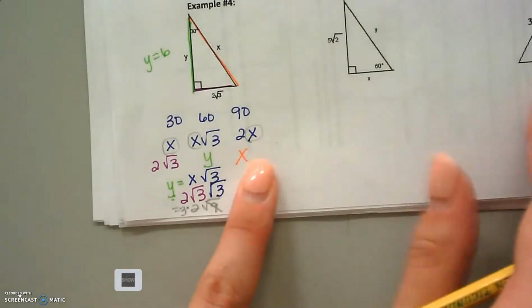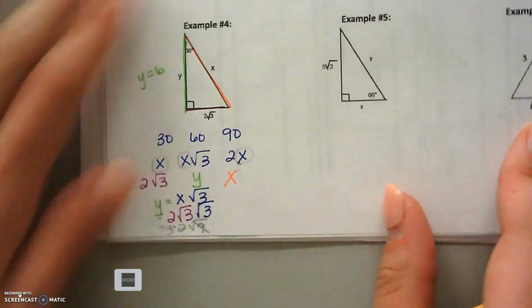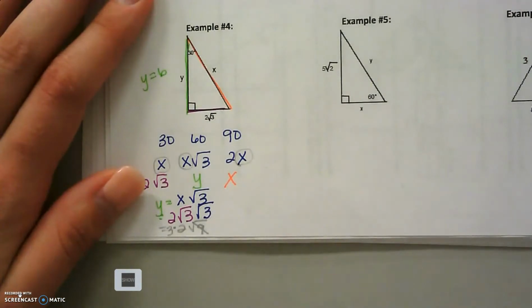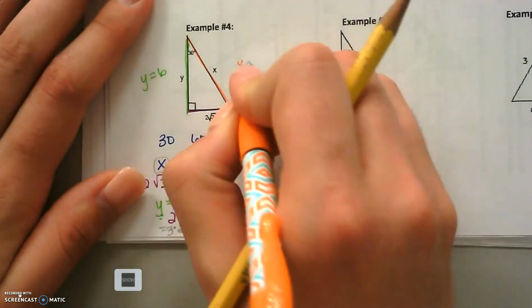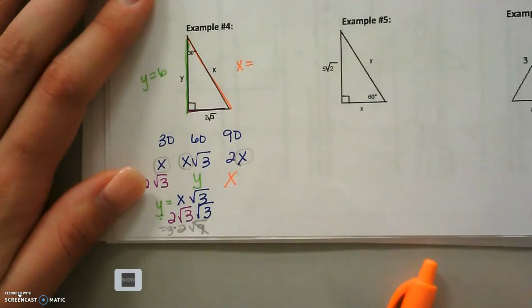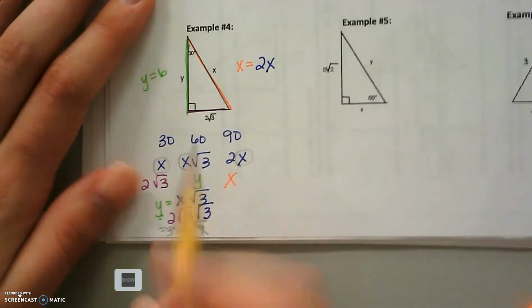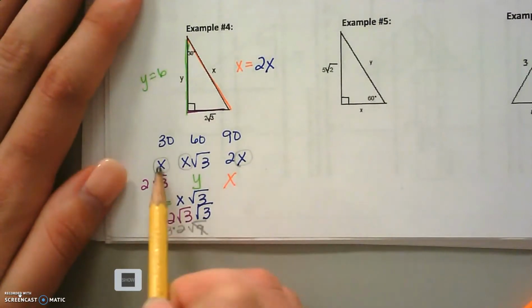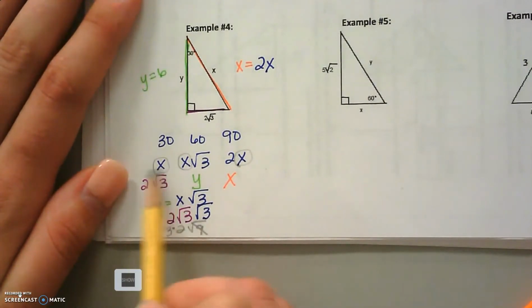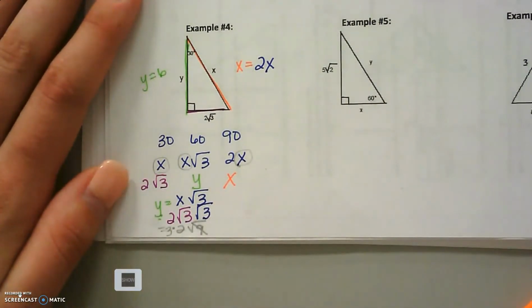Now we have the hypotenuse to deal with. Your hypotenuse is x. X is going to equal that rule of 2x. Again, like stated before, these x's are the same. And we've said our shortest side length is 2 root 3.